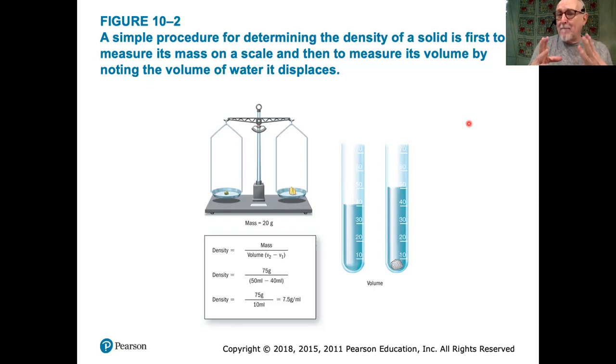The reason why mass and weight are different is that the same mass of substance can weigh different amounts depending on how strong the force of gravity is that is operating on it. Weight is a measurement of an interaction between mass and gravity. We don't have to worry about that. For our purposes, we're just going to assume that we can measure the mass by weighing a substance.